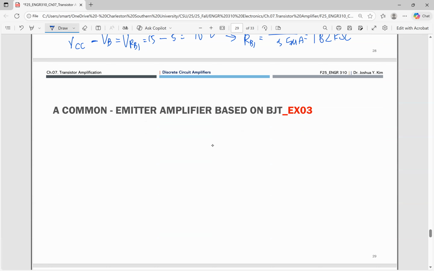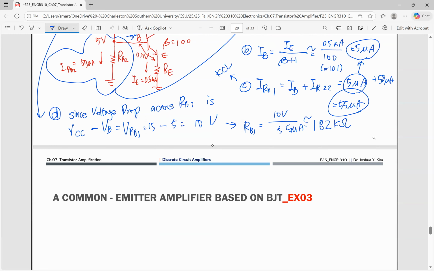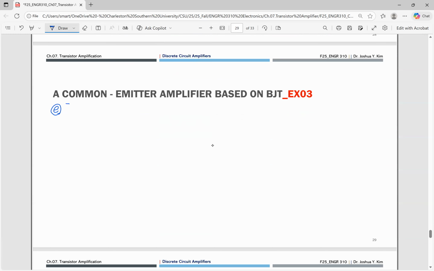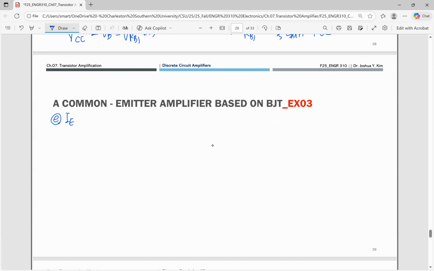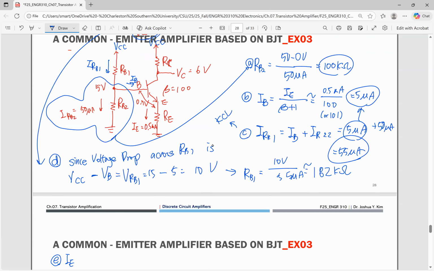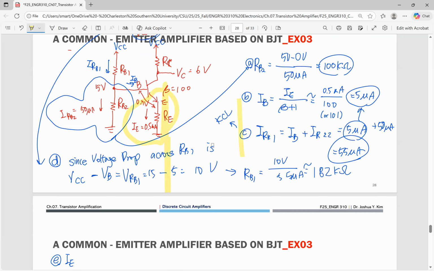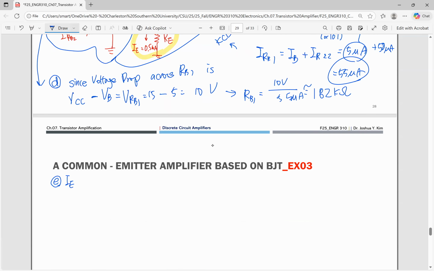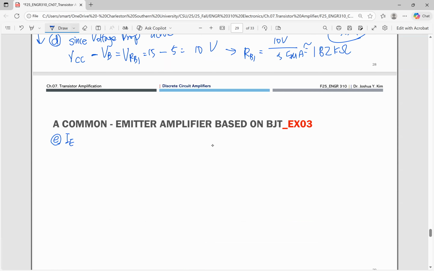Okay. What is the I sub E? I sub E is V sub B minus V sub BE divided by R sub E. Why?